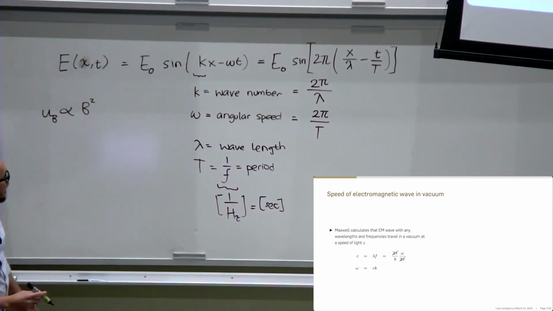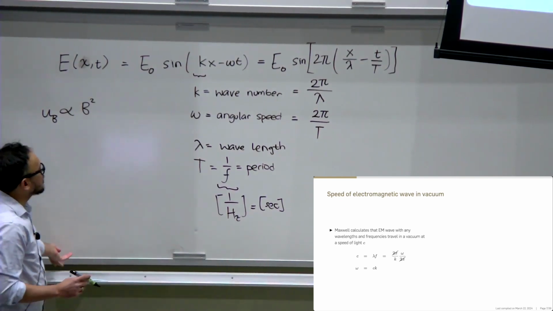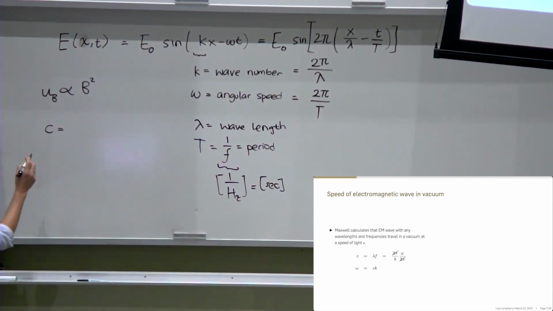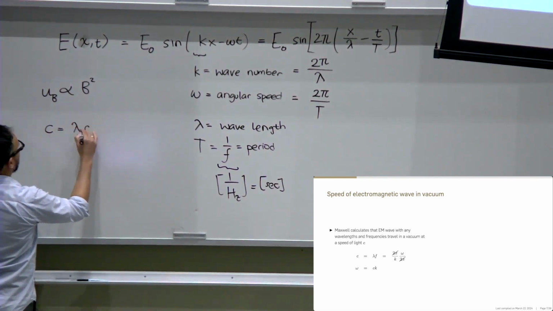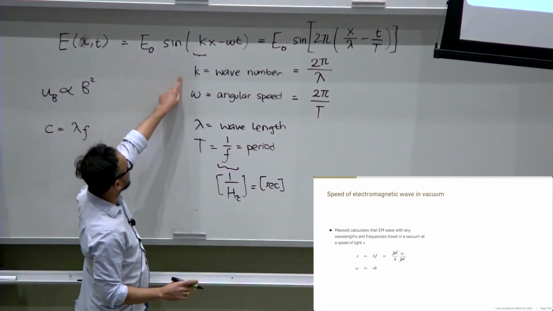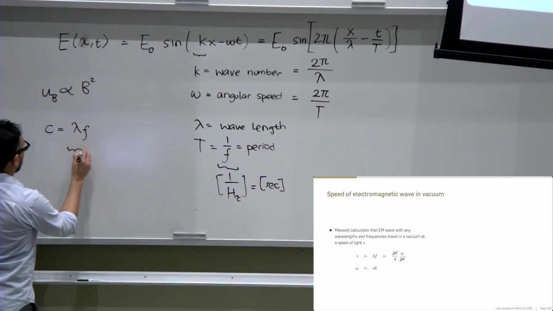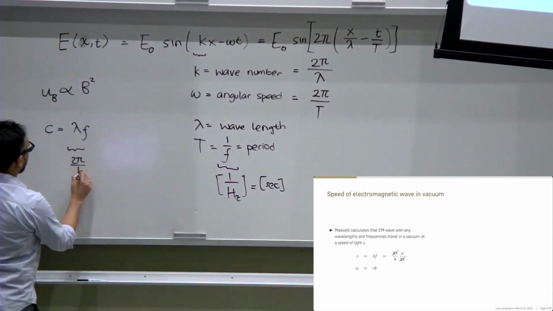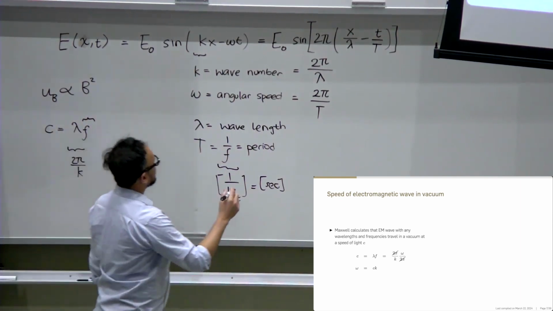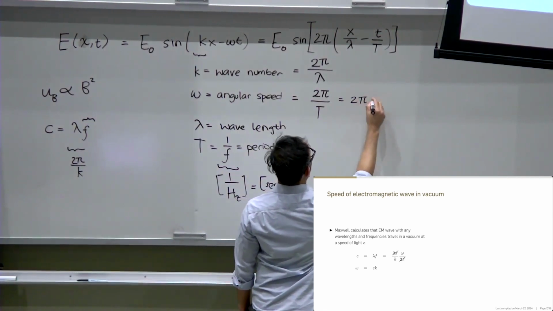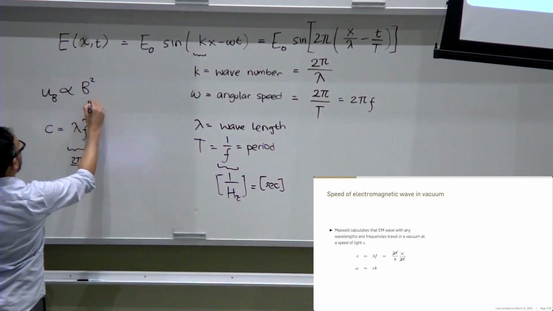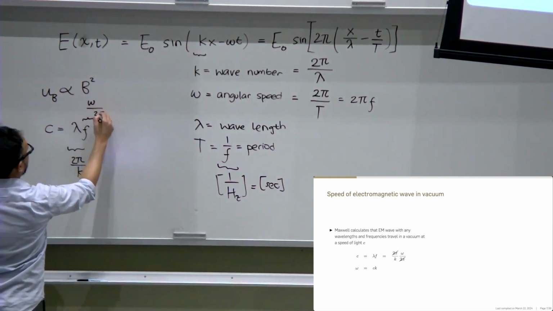Next, by using this equation, you can also show that the speed of light C is equal to lambda times F. Lambda is 2 pi divided by K, and F is omega divided by 2 pi.